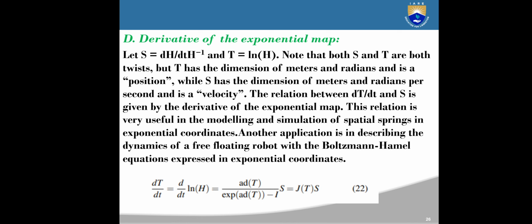So dT by dt is equal to d by dt of ln H, that is equal to ad of T by exponential of ad of T minus 1 s, that is equal to J of T into s.